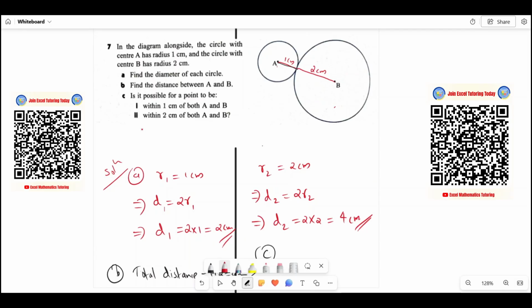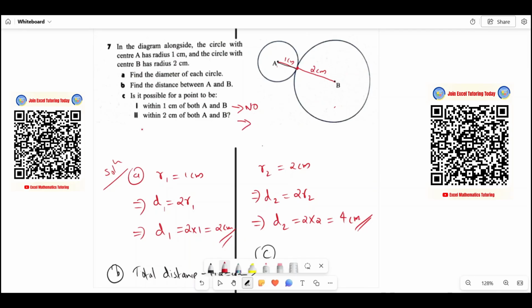If you look at the smaller circle with center A and put a point here, it's not within 1 centimeter of B. From center B, it's 2 centimeter away. From center A, it's 1 centimeter away. So for this question, we can't make any point within 1 centimeter of both A and B.